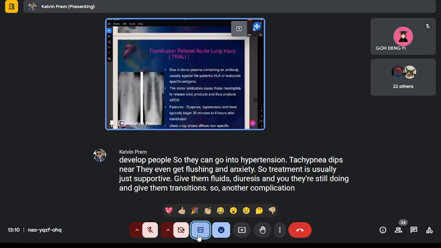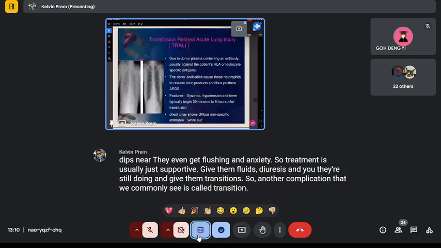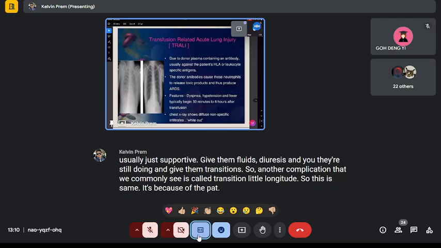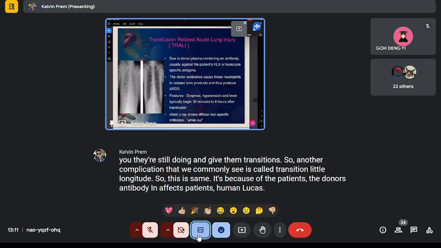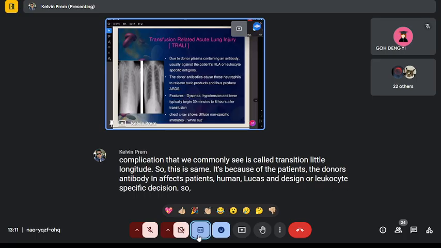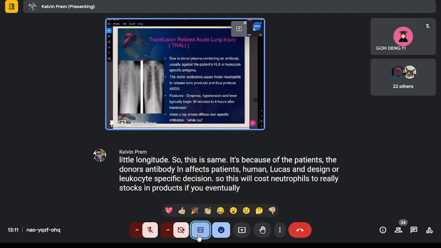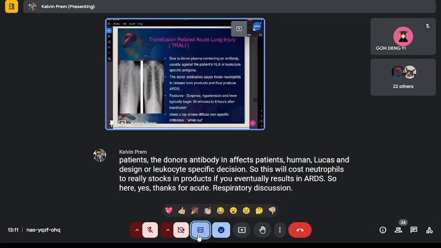Another complication that we commonly see is called transfusion-related acute lung injury. This is the same, it's because of the donor's antibody. It affects the patient's human leukocyte antigen or leukocyte specific antigen. This will cause neutrophils to release toxic products, which eventually results in ARDS. ARDS stands for acute respiratory distress syndrome.